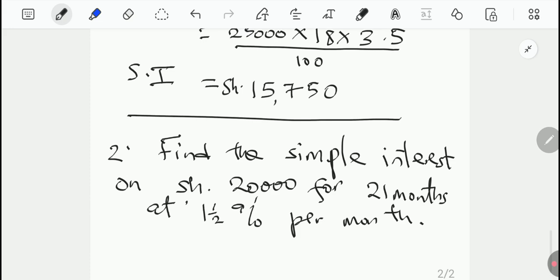Then I've told you to find also the amount.